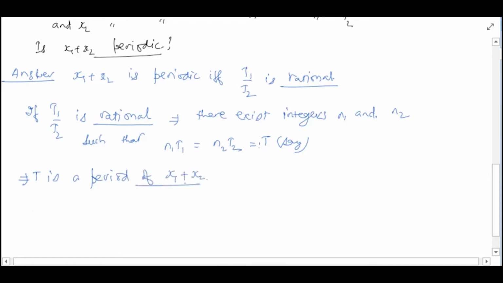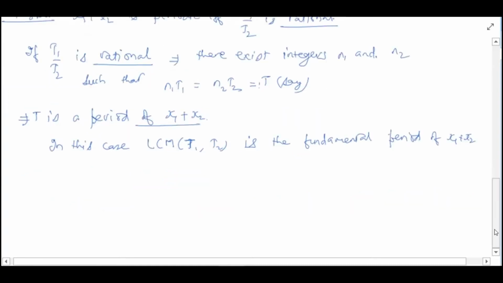In fact, in this case, the least common multiple LCM of T1 and T2 is the fundamental period of x1 plus x2.